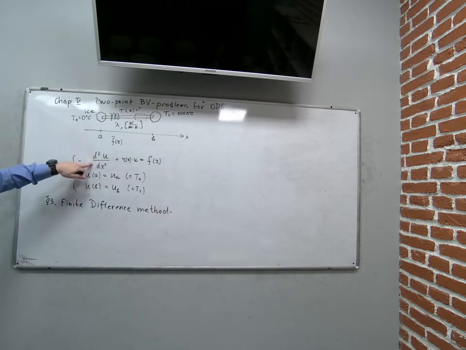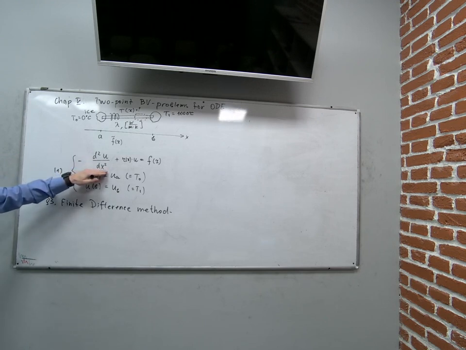We replace the continuous derivative here in the equation with its counterpart, with its approximation through the values of the function u at several points. And when we discussed numerical differentiation, we discussed how to do that, right?